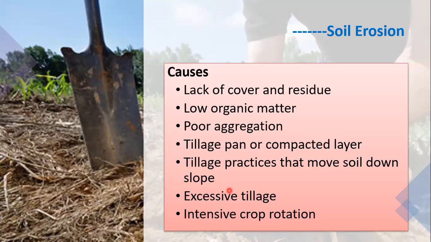Excessive tillage will also break the structure, and the soil will lose organic matter, and that will be more prone to erosion. Then we have intensive crop rotation, because we are not giving any rest to the soil, so that can enhance the erosion issue.